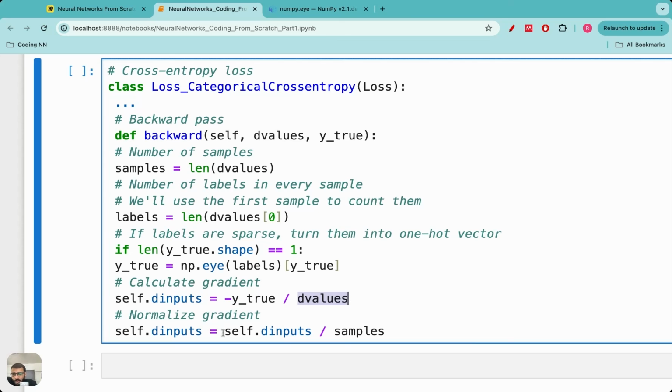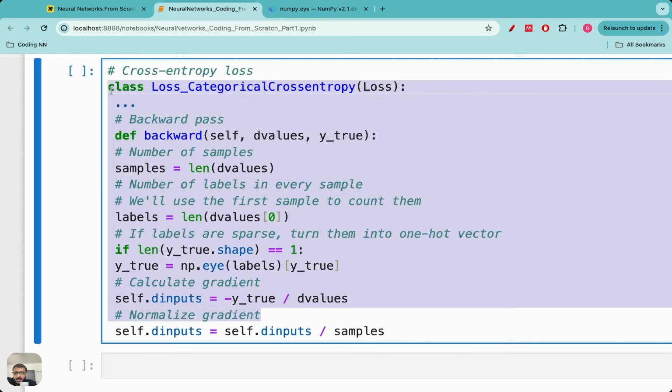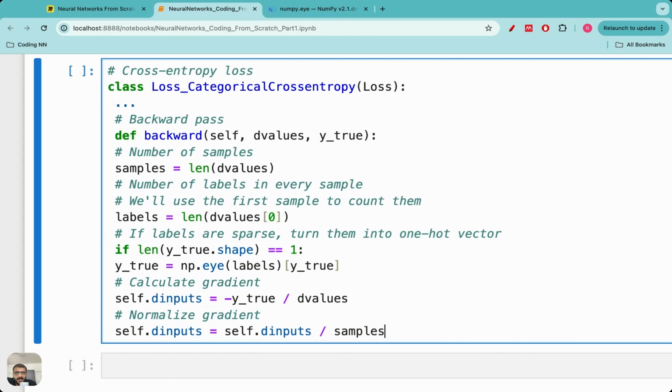We will be doing a normalization step where every single element of this d inputs, which is the output which we want, is divided by the number of samples. This is to prevent gradients from accumulating to large values when we are doing the gradient descent. So that's it. This is the back propagation, or the backward method, implemented for the categorical cross entropy loss.